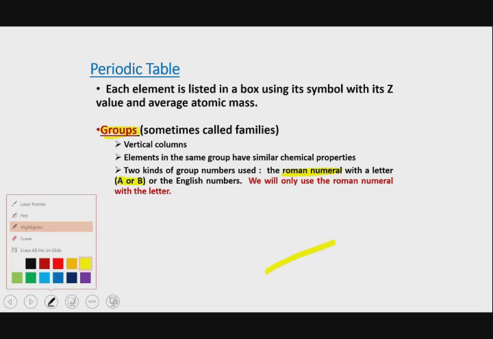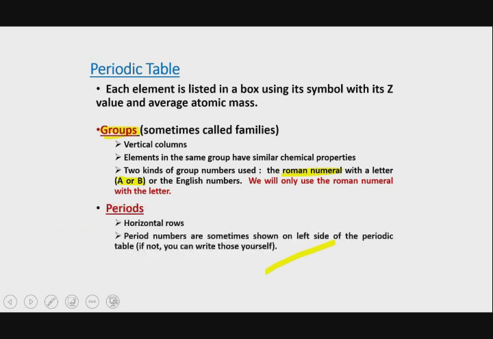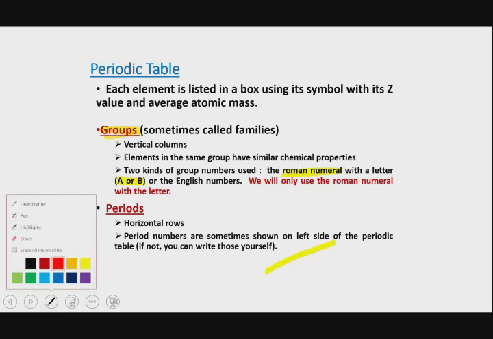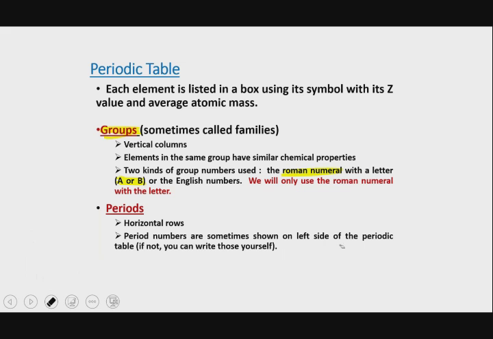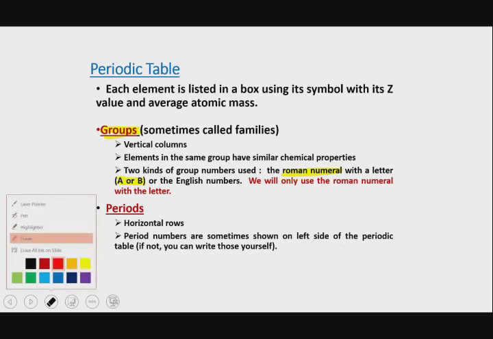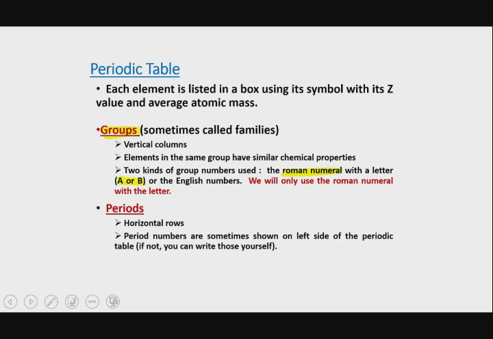The horizontal rows in the periodic table are called periods. So basically the periodic table is a combination of groups, vertical columns, and periods that are horizontal rows. Now, depending on the periodic table you're using, it may or may not have a number listed on the left hand side of each row.